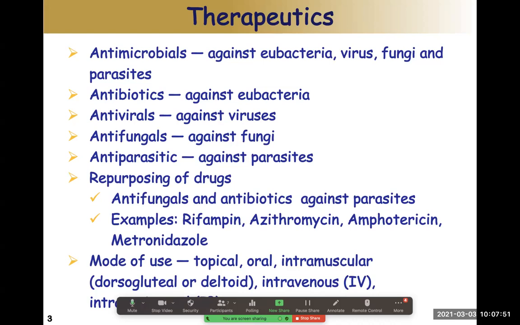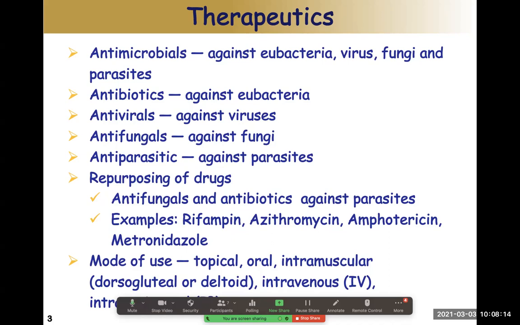When you talk about antibiotics, it's often against the eubacteria. Antivirals are against viruses, antifungals are against fungi. Antiparasitics are against the parasites, and if we say anti-helminthic, they're specifically against helminths or worms.